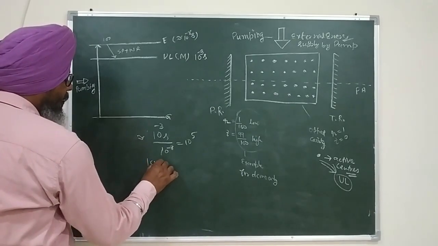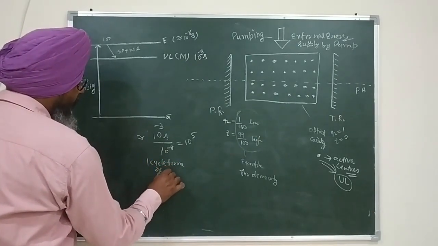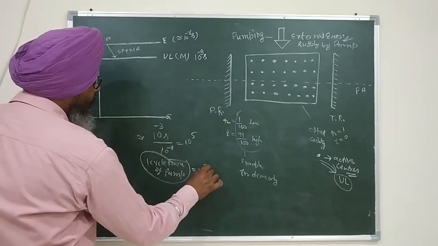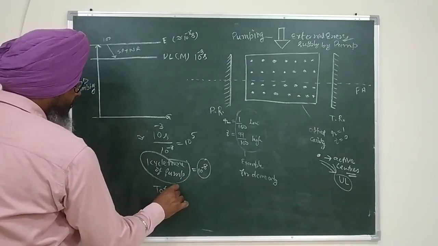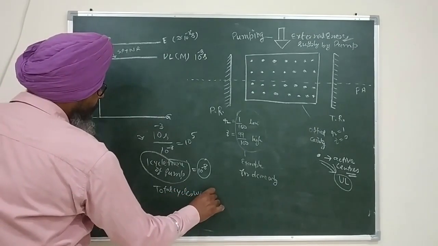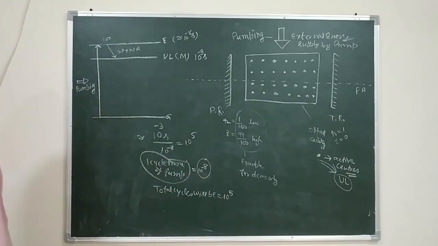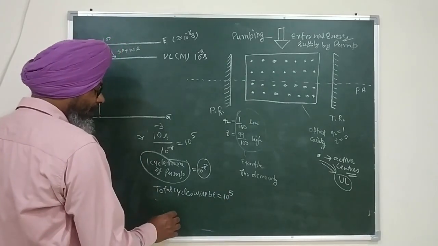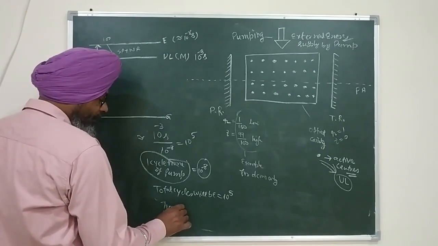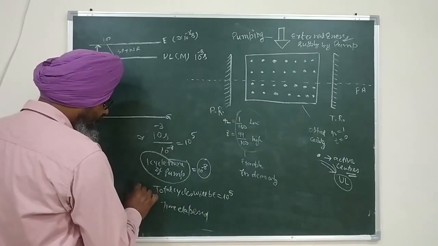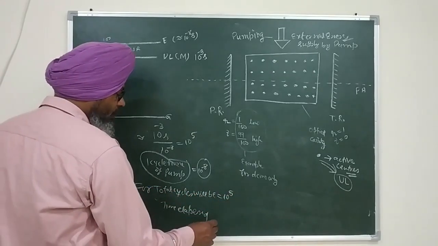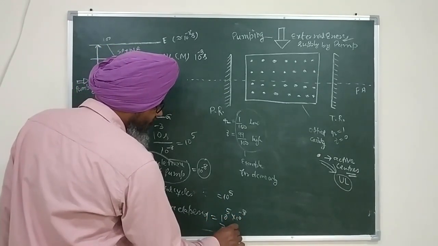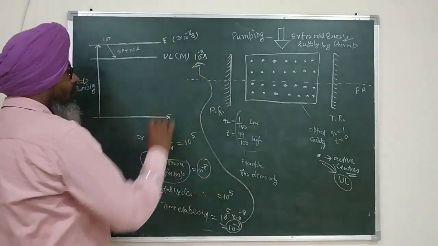So since one cycle time of the pump I have assumed to be the lifetime of the excited state, 10 raised to power minus 8, therefore total cycles will be 10 raised to power 5, and for total cycles 10 raised to power 5, the time elapsed will be 10 raised to power 5 into 10 raised to power minus 8, that is 10 raised to power minus 3, and this exactly matches with the lifetime of this.